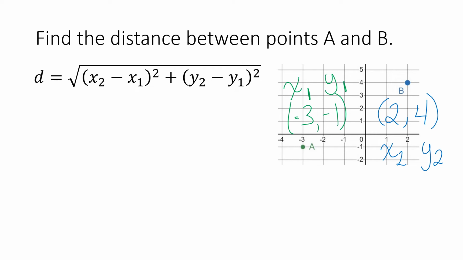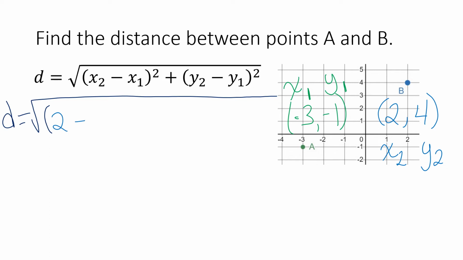Now I'm going to plug them into the distance formula. d is equal to the square root of the quantity x2. So x2 is the x-coordinate from point B, which is 2. And we're going to subtract the x-coordinate, x1, from point A. The x-coordinate of point A is -3, so we have to put -3 in parentheses.